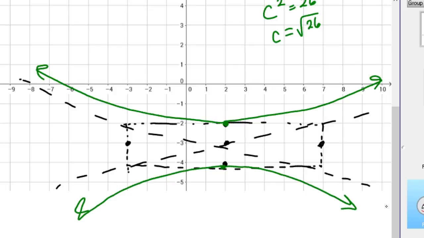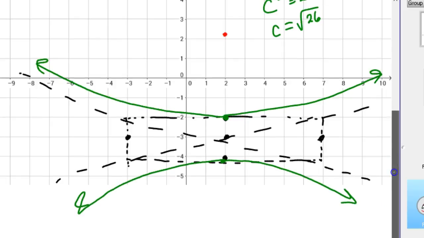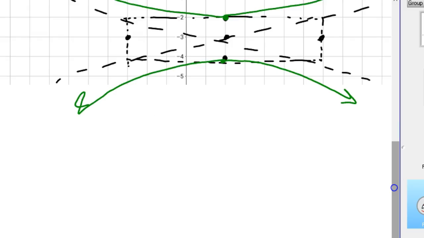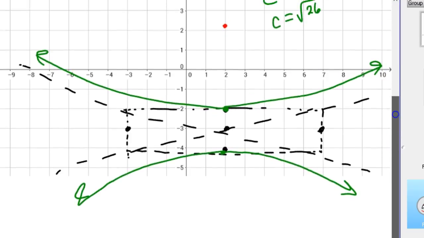So 1, 2, 3, 4, 5.1 would be, there's one of my foci. The other one is going to be 5.1 down. So 1, 2, 3, 4, 5, and then a little bit further. So there's my other foci. I kind of ran off my graph a little bit. If you could imagine it extending down, that's approximately where they're at.